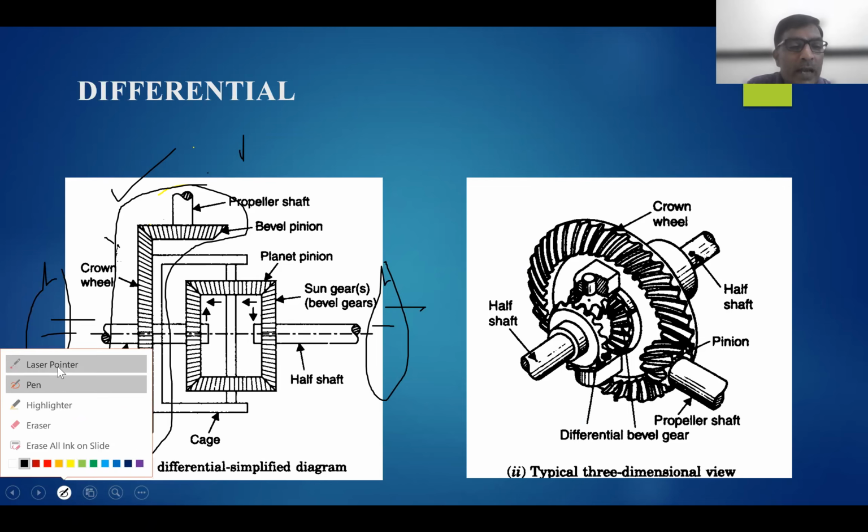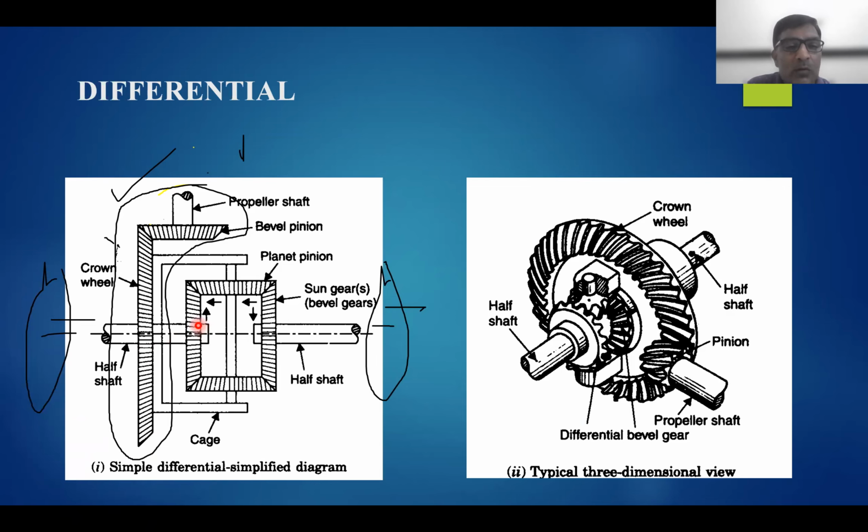So the rear axle is split in two parts. This one is one, this is the second one, and this crown wheel is mounted on a half axle, and this crown wheel is free to rotate on this rear axle.